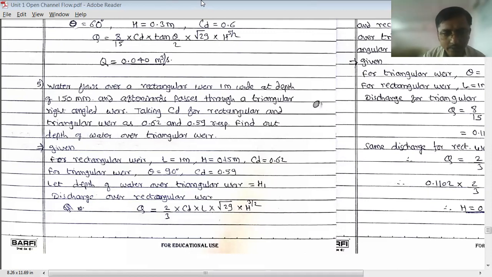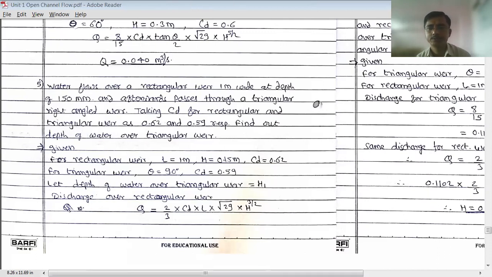Okay, the discharge over the rectangular weir has been found by many students here. Ganesh, then Anisha, everyone's is the same, so that may be the right answer. Then find out the H value. Kekan has got H equal to 0.357 meter.